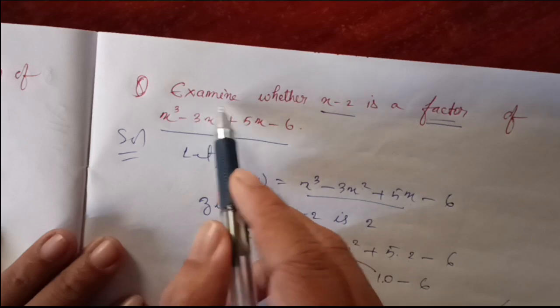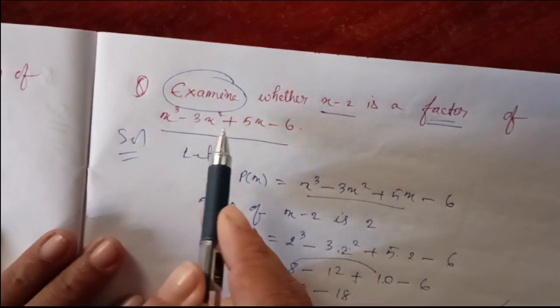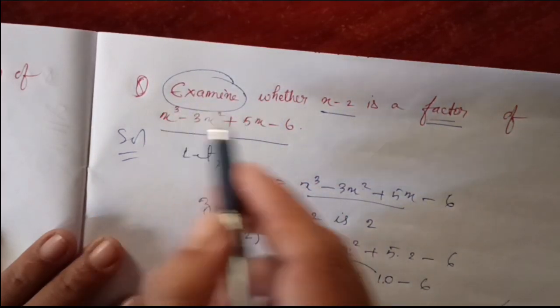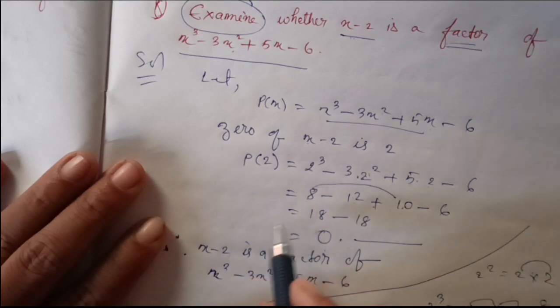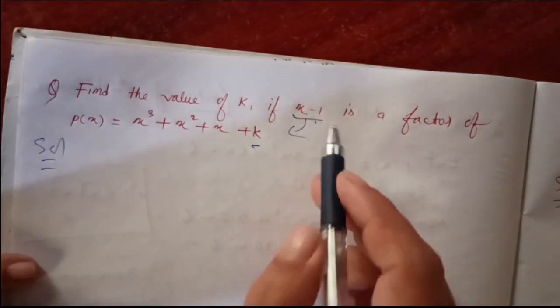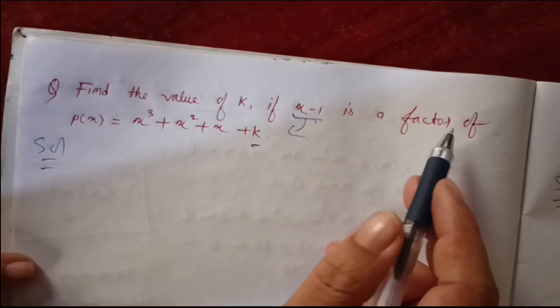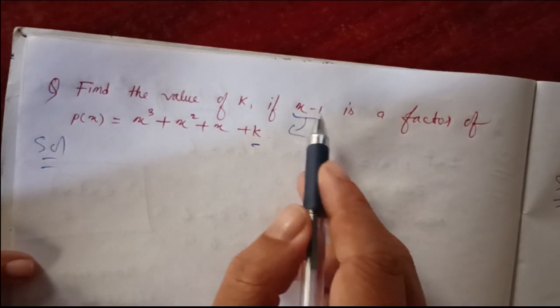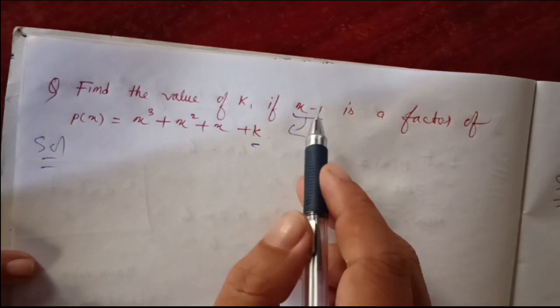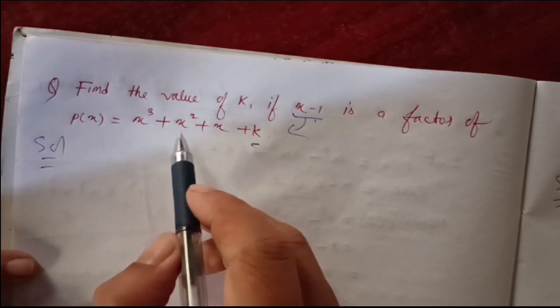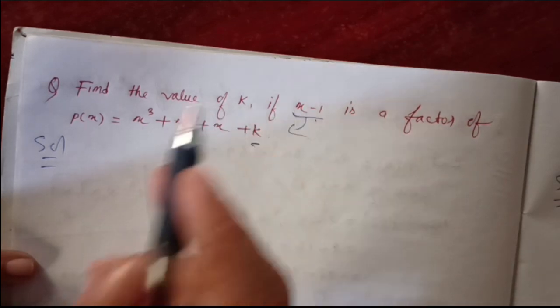In the previous question, we were checking, examining whether x minus 2 is a factor of this one or not. So when we get 0, we say it is a factor. If we don't get 0, we say that it is not a factor. But in this question, it says that x minus 1 is a factor. So the question already says that this is a factor. So we know that if x minus 1 is a factor of this given polynomial, their answer should be 0.